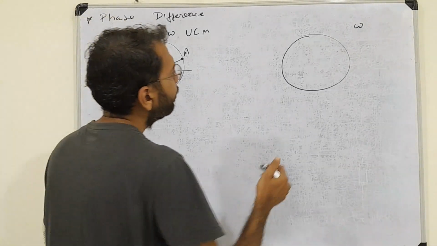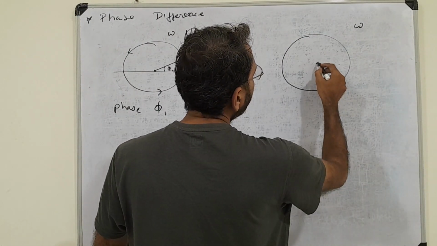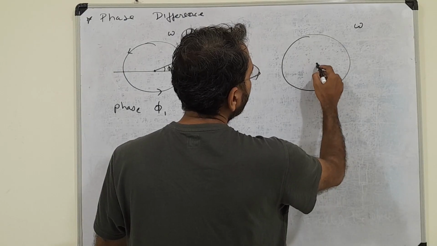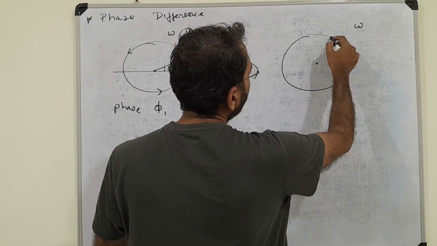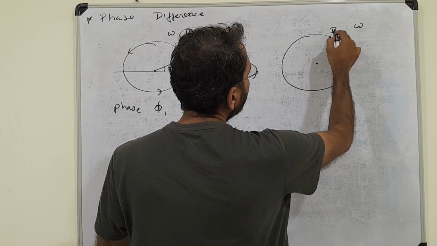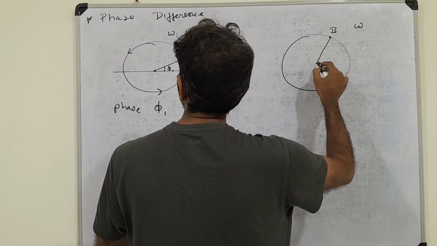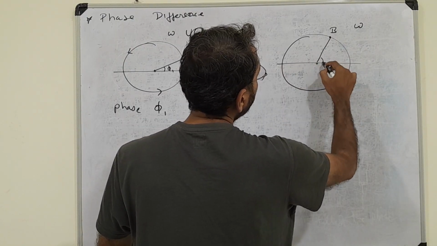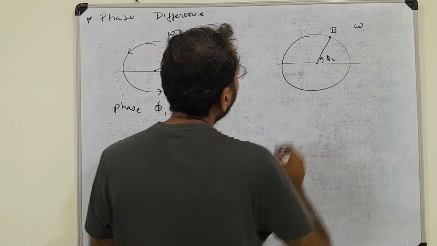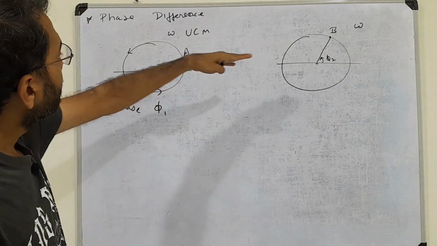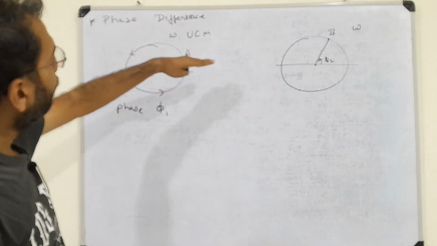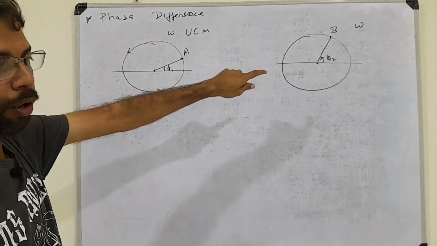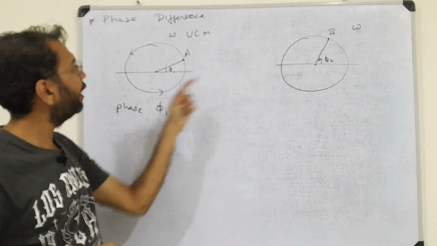Now let us say that this particle which is performing circular motion, let us call it particle B, started from this location over here. So it has a phase angle of say phi 2, and you can see clearly that phi 2 I have drawn to be greater than phi 1.